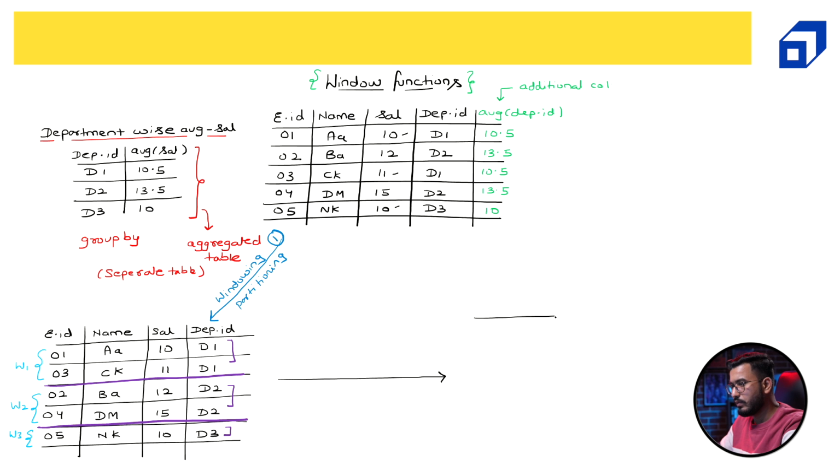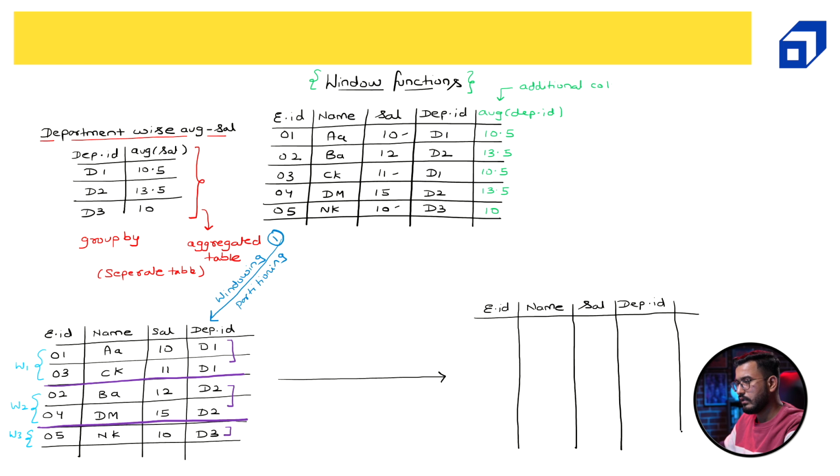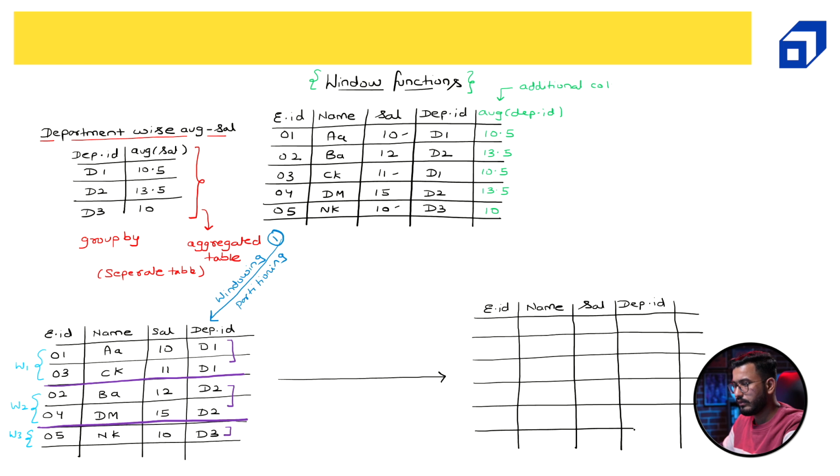In the second stage, what I'm going to do, so again I will have all the columns: employee ID, name, salary, department ID, and let's generate the records 1, 2, 3, 4 and 5.